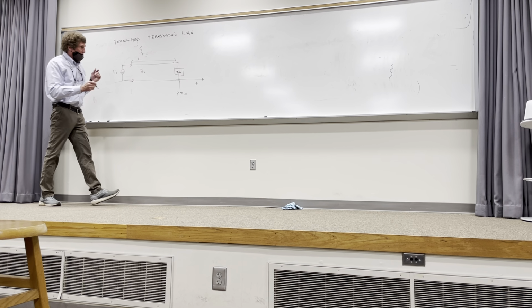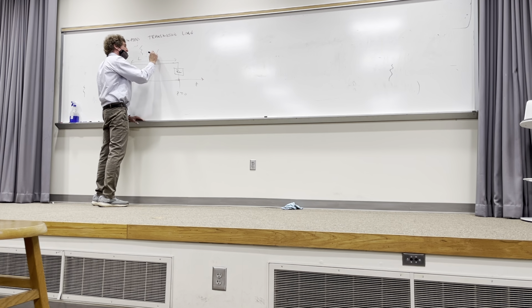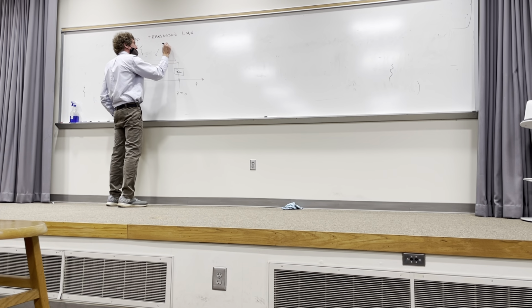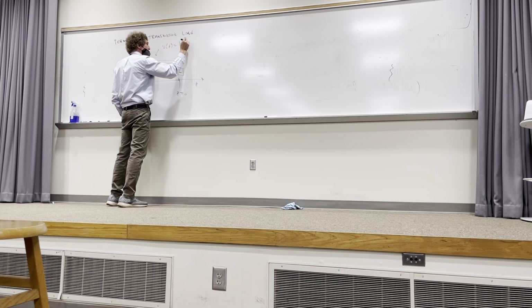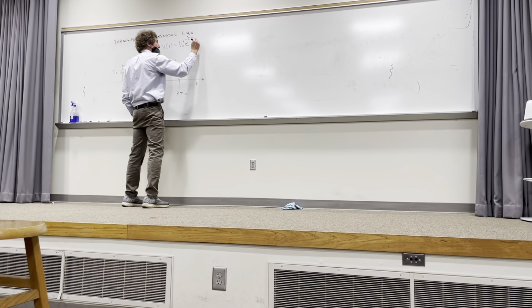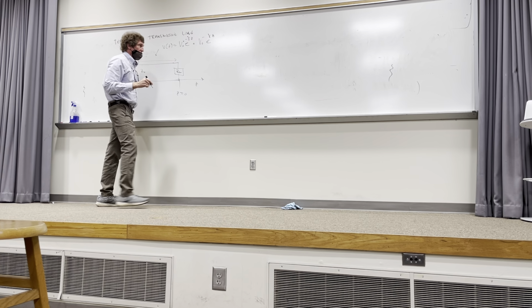Yes. Now, according to the electromagnetic equations we developed, we know that V of Z will have the form V naught plus e to the minus gamma Z plus V naught minus e to the gamma Z. That was for the voltage.